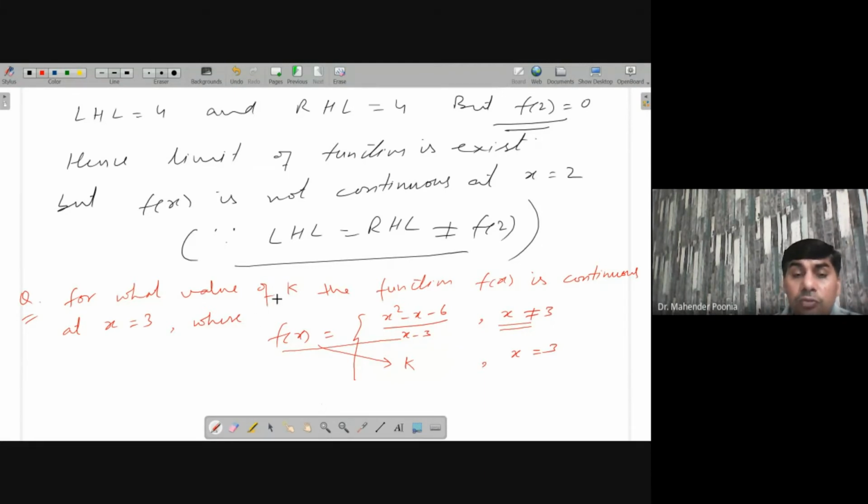Our target is to find the value of k, given that the function is continuous. That means the left hand limit must be equal to right hand limit, and these must be equal to value of function at x equal to 3. Right?